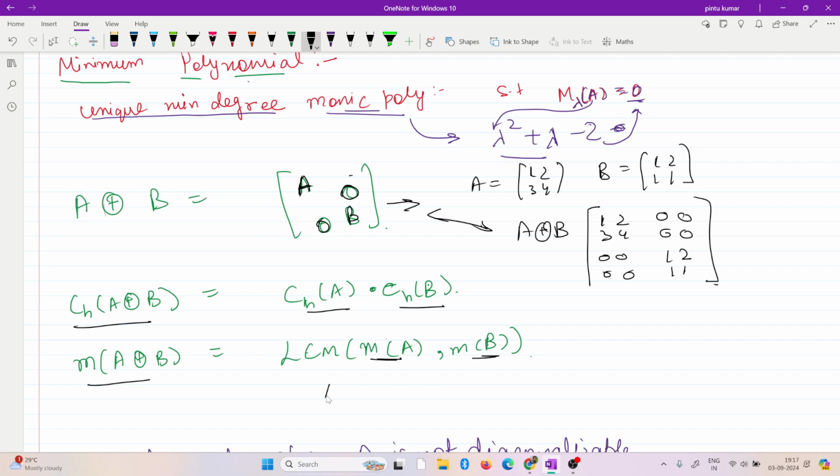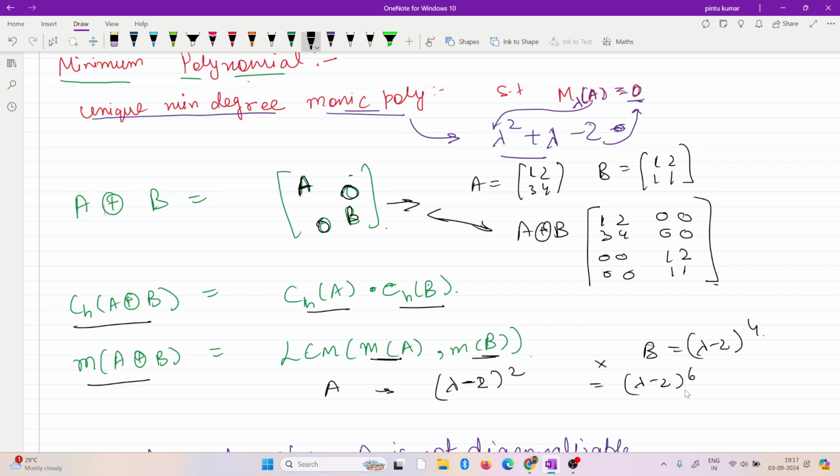I'll take an example. Let's say A has characteristic polynomial lambda minus 2 whole square, and B has, let's say, lambda minus 2 to the power 4, right? Then the characteristic polynomial would be the multiplication of both, that is lambda minus 2 to the power 6, right? But the minimal polynomial would be the LCM.